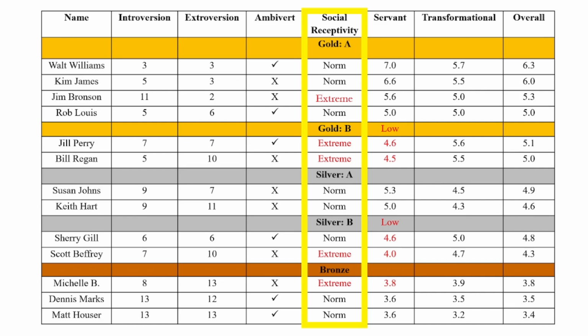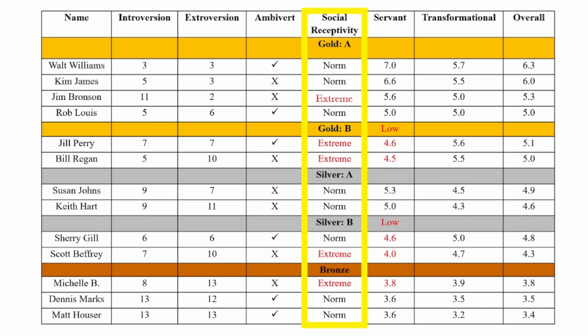The social extremes are those who fell into one of the two outer portions of the personality spectrum, meaning the extreme introvert or the extreme extrovert. Now, what we can see is we have three people within the gold standard, one in A and two in B, who have come in as social extremes.